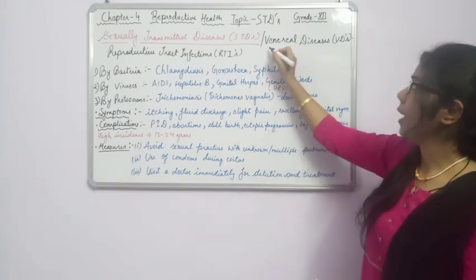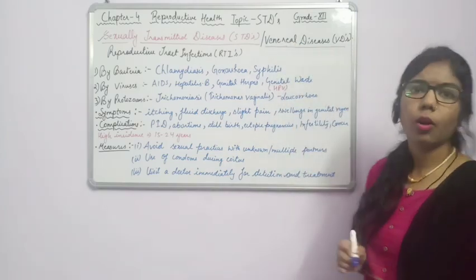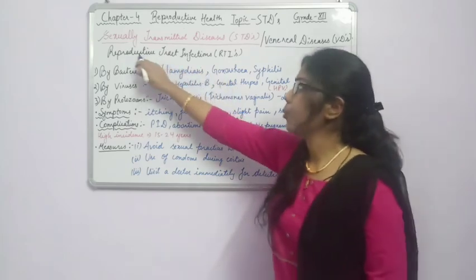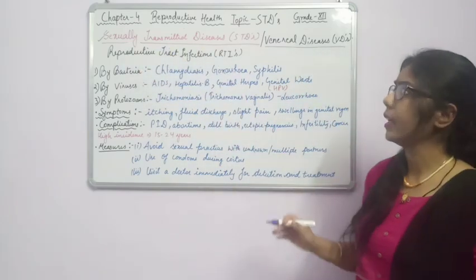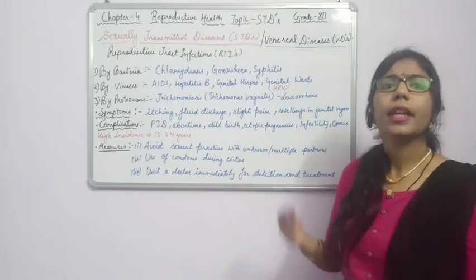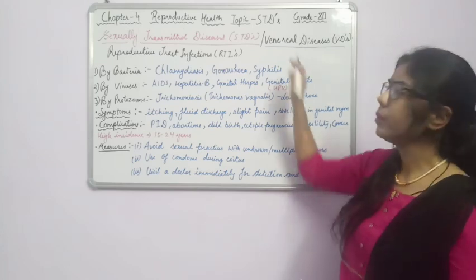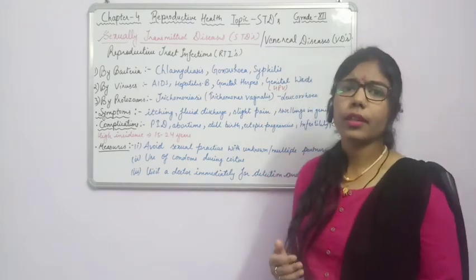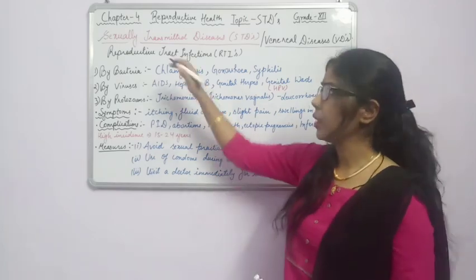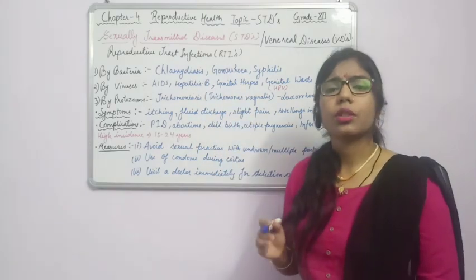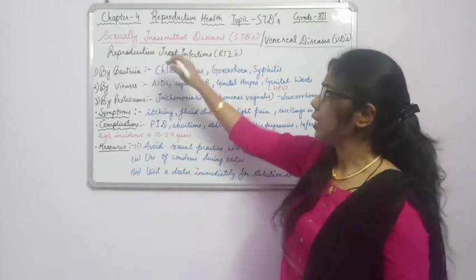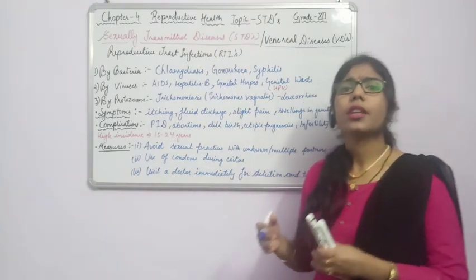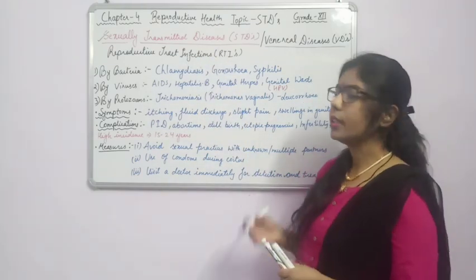For example, I've written here venereal disease or VDs, or sometimes we say reproductive tract infections, RTIs, or sexually transmitted infections. So there are different names. What's the meaning of sexually transmitted disease or infection? Those infections or diseases which can be transmitted through sexual intercourse or during sexual activities, which are transmitted from one person to another person.